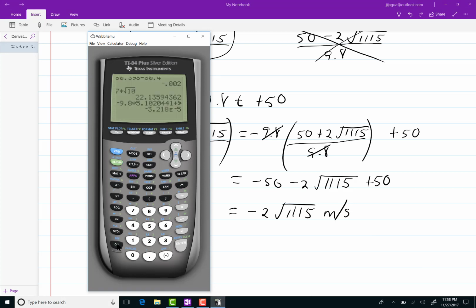Let me go back to the graph. And if you go back into calc, check this out. You can find the 0, that's number 2. Now what you do is the same thing as before. You give it a left bound, so you pick some number to the left. You know that's to the left of the intercept. Now I'll pick a right bound. What you're trying to do is trap it in between there.